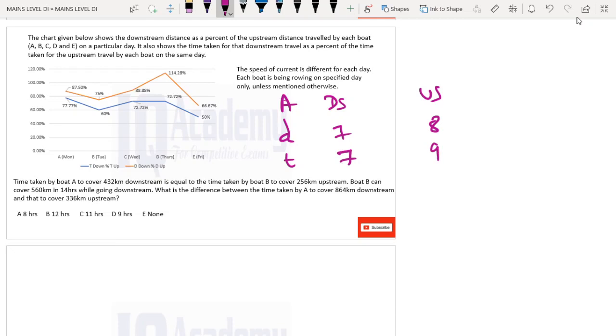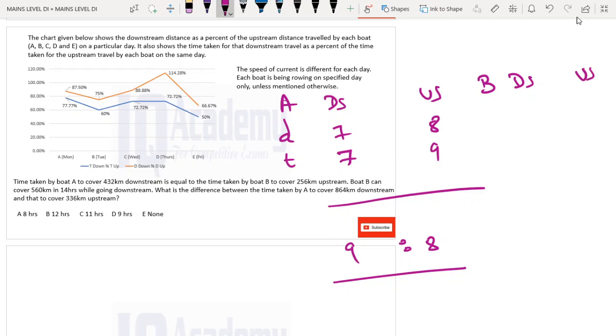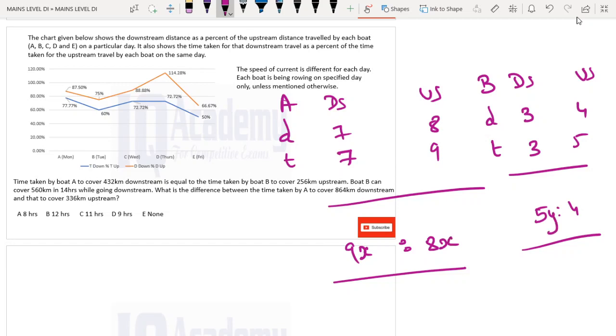So the speed ratio will be 9:8. For B, the distance ratio is 3:4, the time ratio is 3:5 and the speed ratio is 5:4. So downstream speed of A is 9x, upstream speed is 8x, B is 5y, 4y.